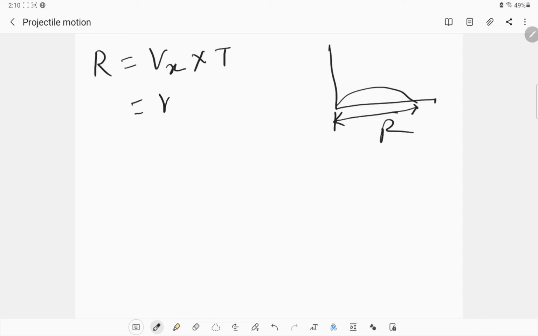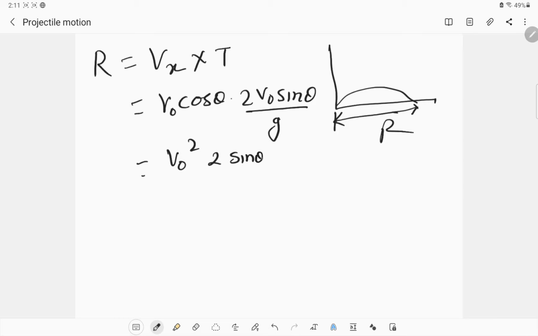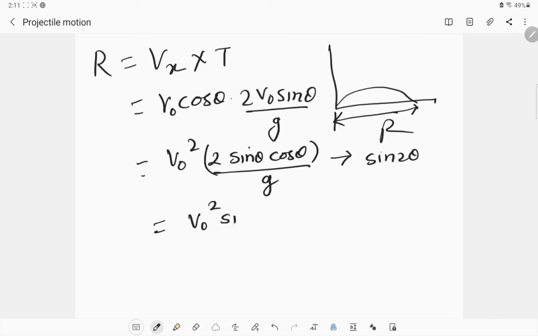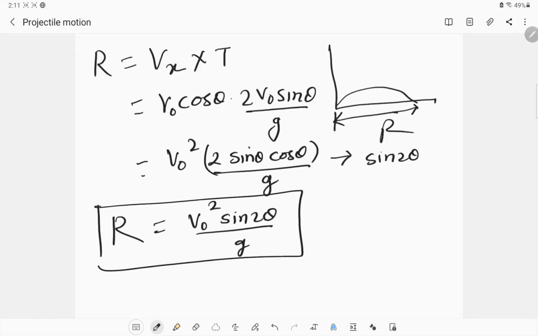So what is the horizontal component? v naught cos of theta multiplied by total time, which is 2 v naught sine of theta divided by g, right? That was the time. So v naught square is here, and 2 sine theta cos theta divided by g. So what is 2 sine theta cos theta? If you remember trigonometry, this is sine 2 theta, right? So I can write down v naught square sine 2 theta divided by g. This is the horizontal range.